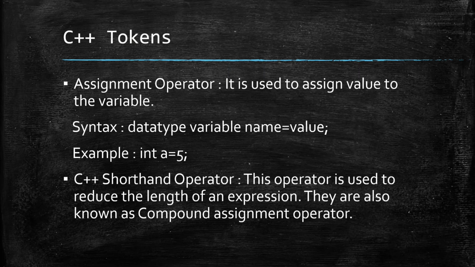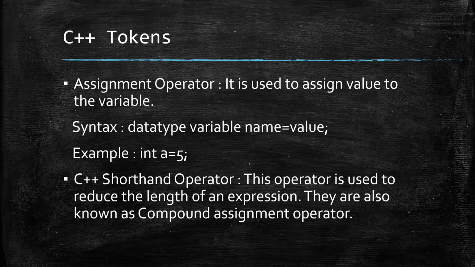So syntax is nothing but data type, space, variable name. You will give the data type, variable name is equal to value, semicolon. That's all. Nothing much. In the example you can see int, int is a data type, a is a variable name. Fine, and is equal to is our assignment operator, and 5 is the value, and finally our semicolon.